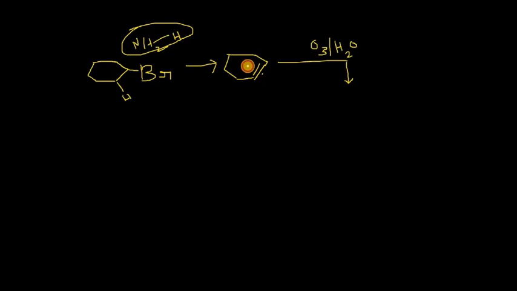As you know, ozonolysis means this double bond will break, and at that location we are going to get a carbonyl group. Here I can write CHO, here also I can write CHO. After the ozonolysis we will get this product.